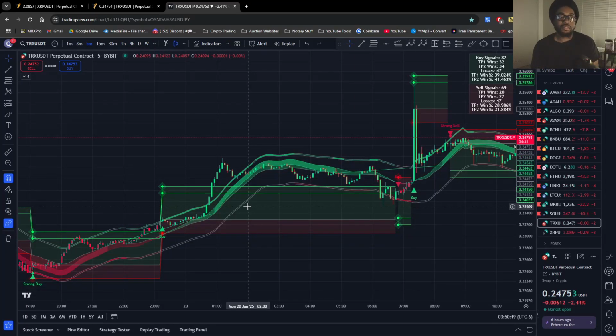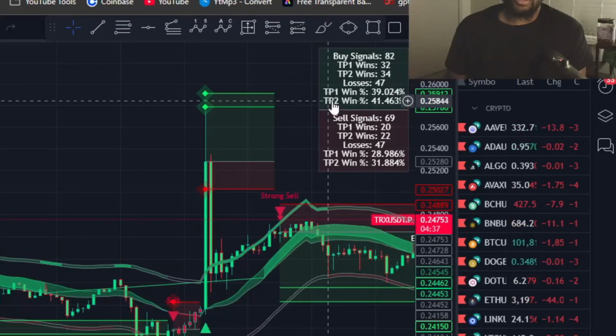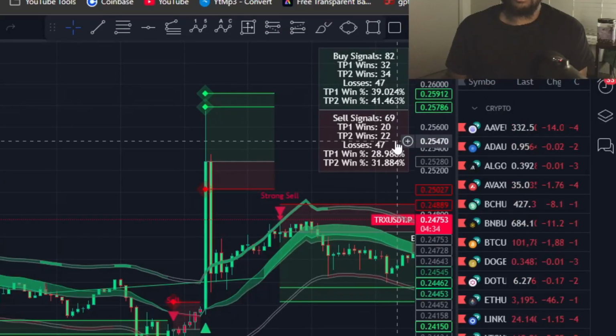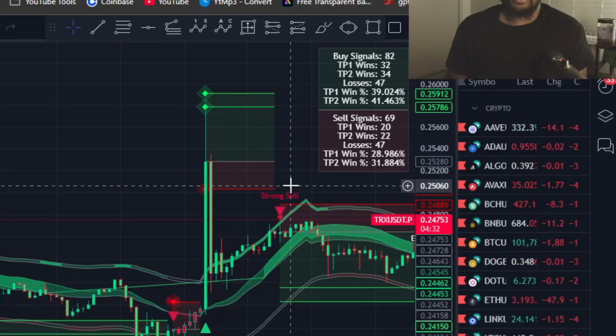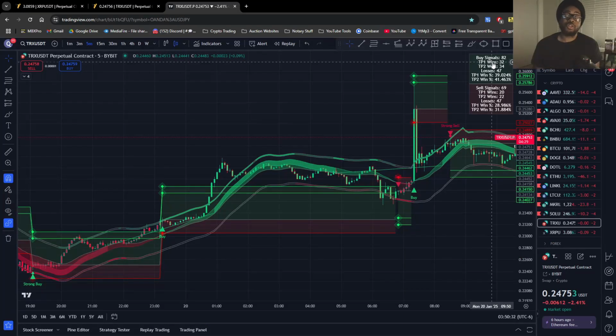Something else I added in the 2.0 version is this little panel right here. Now, this panel is not necessarily accurate. It gives you an idea of what's going on with the market, but for one, it calculates the number of signals that have been painted.